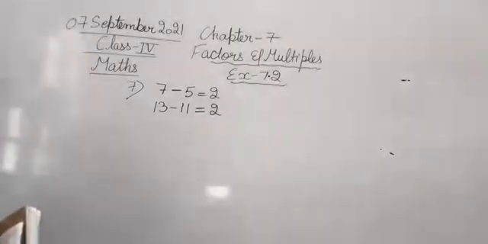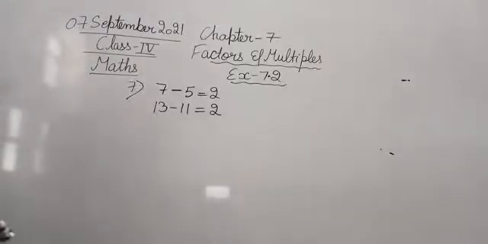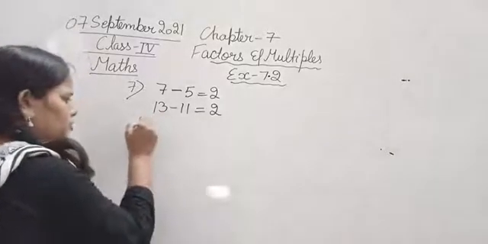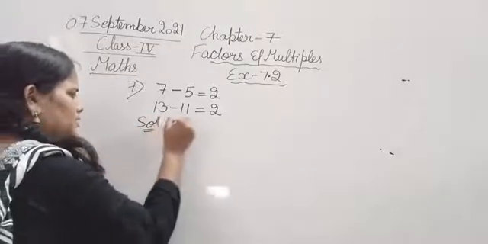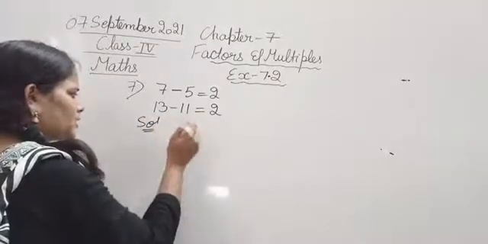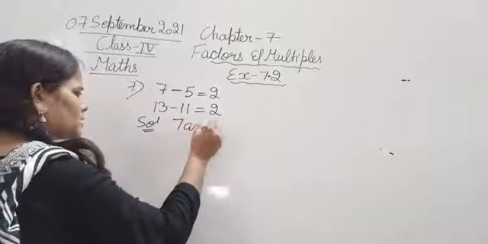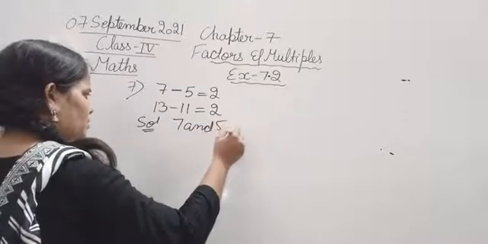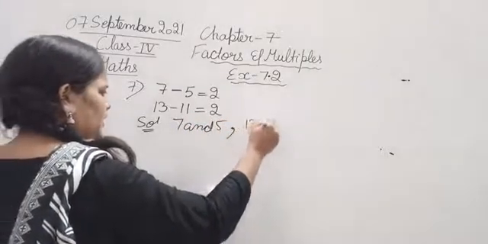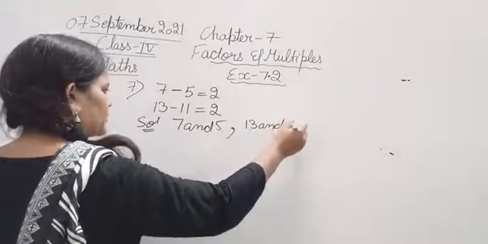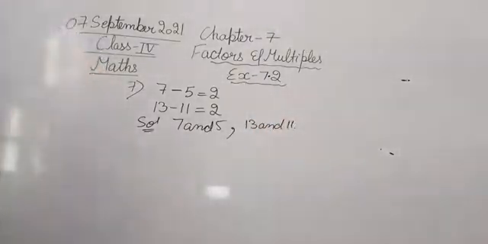So these are the 2 pairs of prime numbers whose difference is 2. So the solution is 7 and 5, 13 and 11.